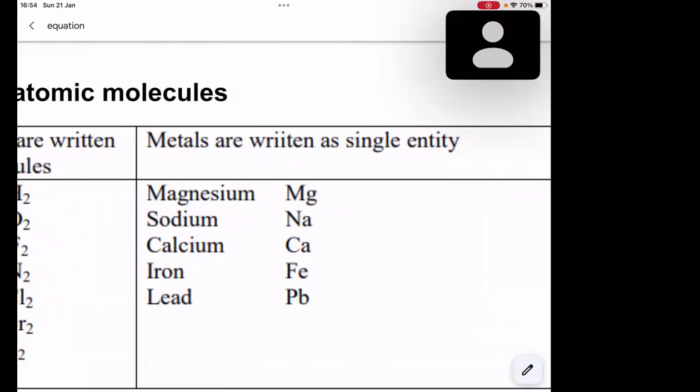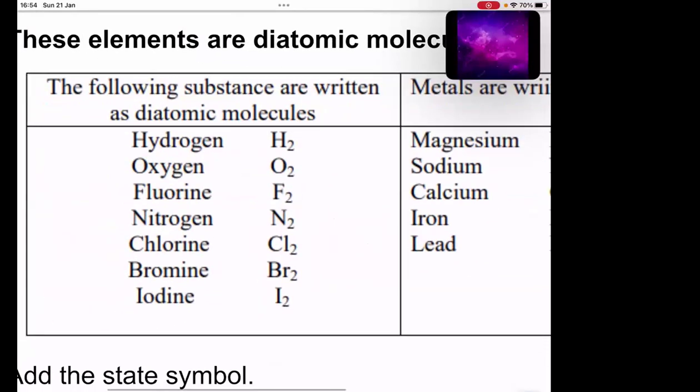Yes, miss. For non-metals it is a whole different story. Your non-metals generally exist as diatomic. So if I say hydrogen, you are not going to write H. What you're going to write, however, is H2. So the following substances are written as diatomic molecules: hydrogen, H2, oxygen, O2, fluorine, F2, nitrogen, N2, chlorine, Cl2, bromine, Br2, iodine, I2.